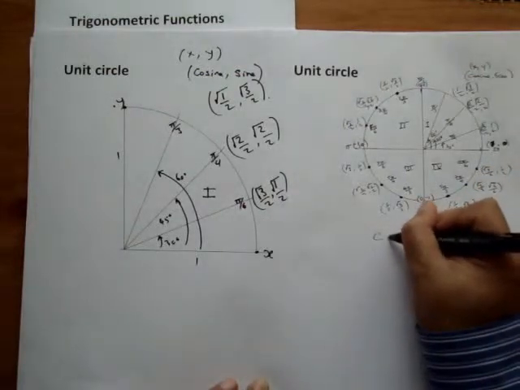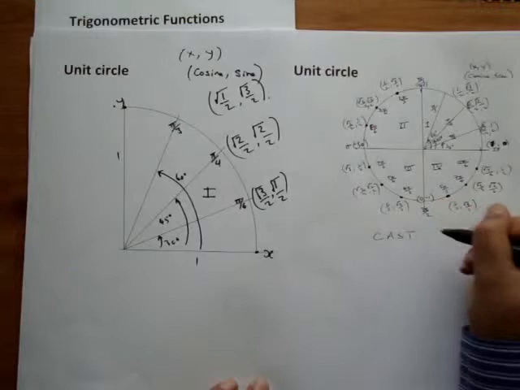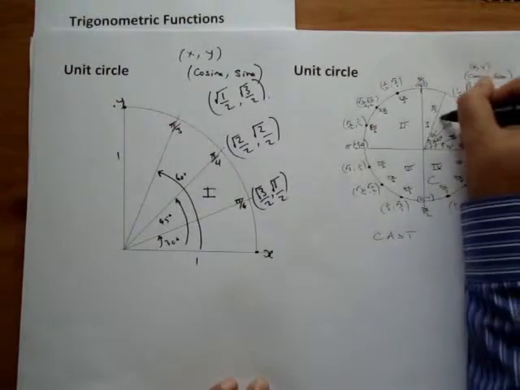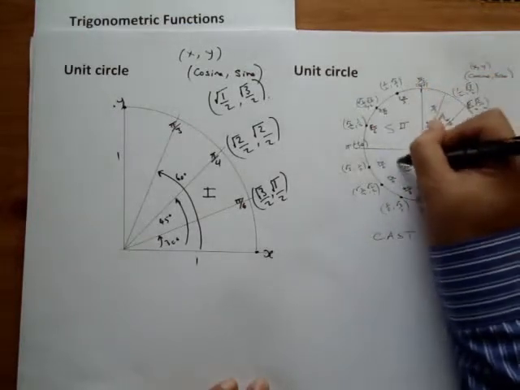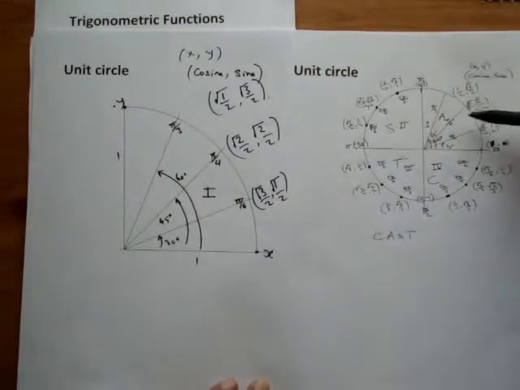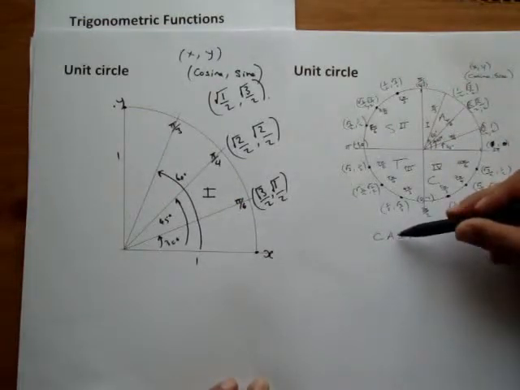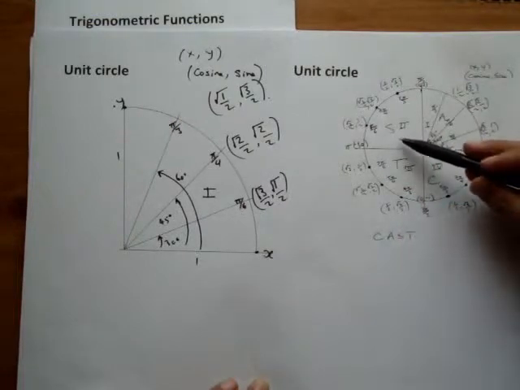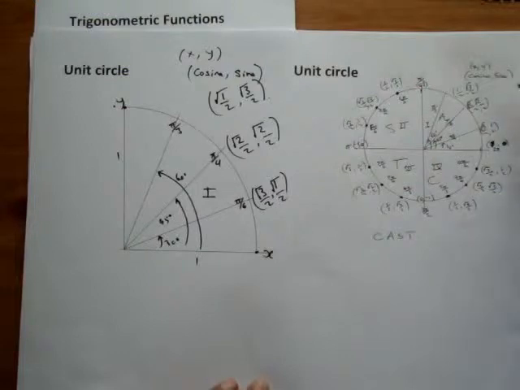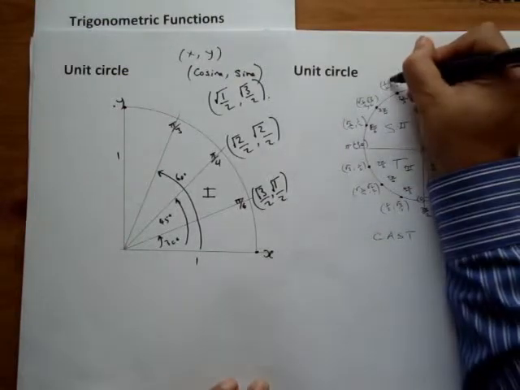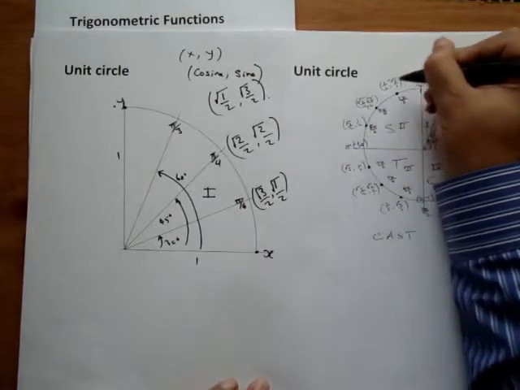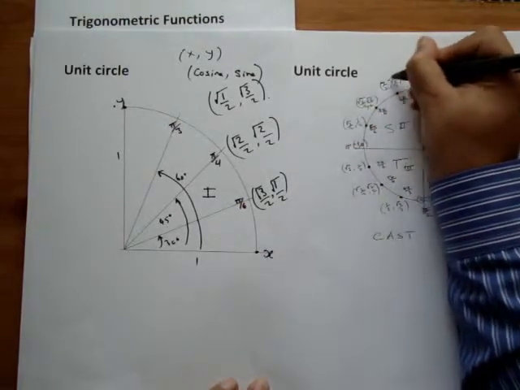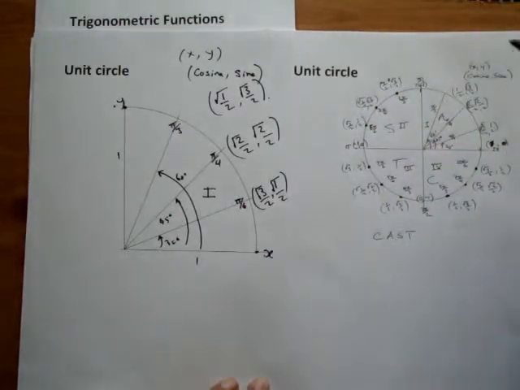Now we mustn't forget our CAST, so this is C, A, S, T. Quadrant 1, all are positive. Quadrant 2, only S, which is sine, is positive. So sine is the y coordinate, so let's put a minus on the half, leave that positive.